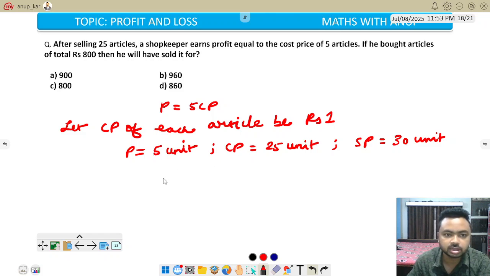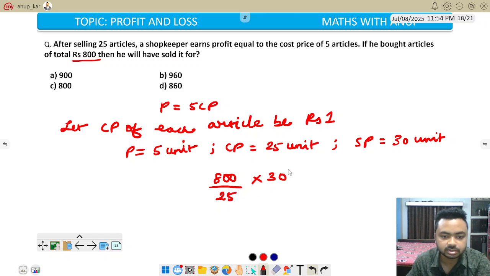Okay, so we have been given that he bought articles of total rupees 800, so it will be equivalent to 25, and what we have been asked is how much he will have sold it for, so we will multiply it by 30.